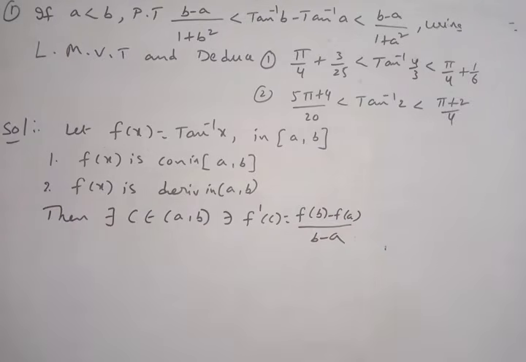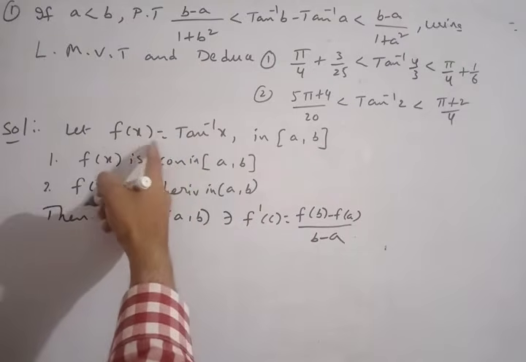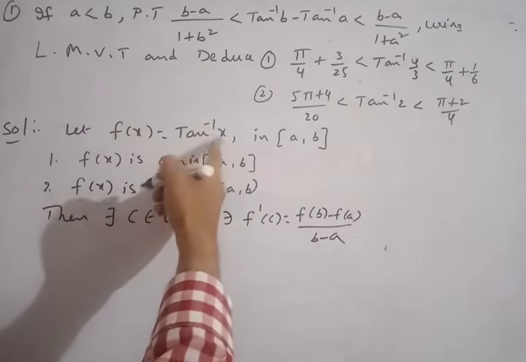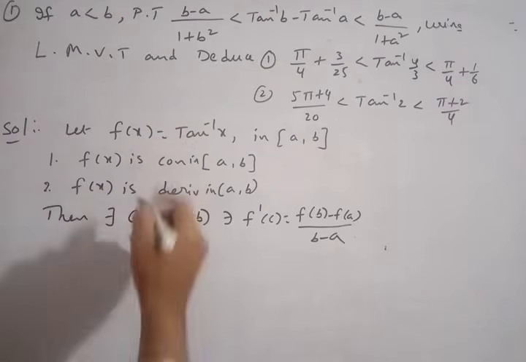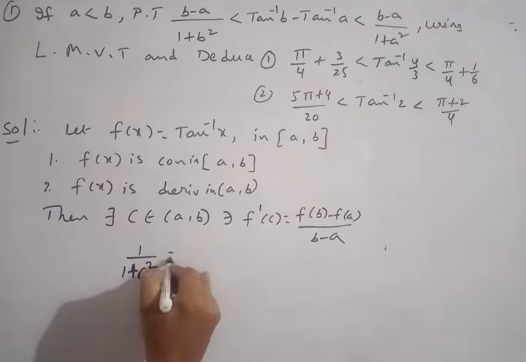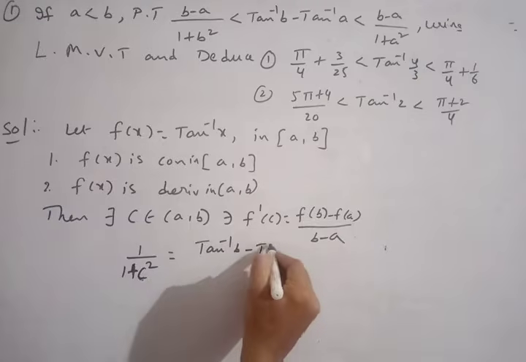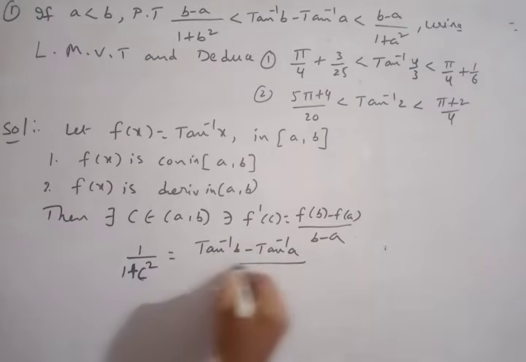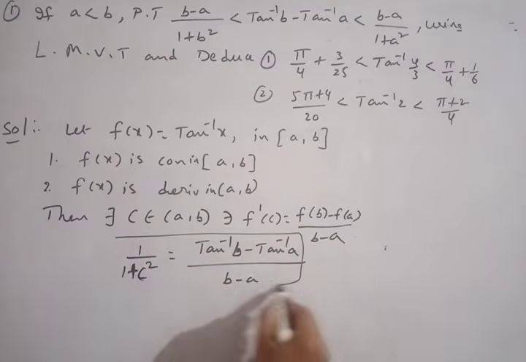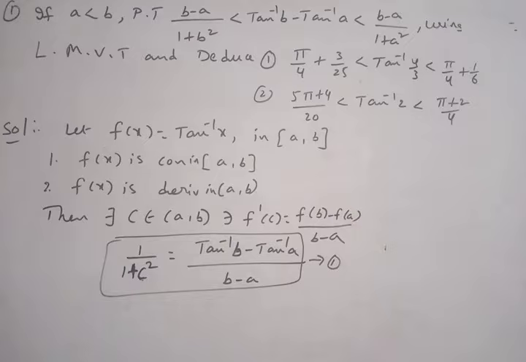Now what is f dash of c? f of x is tan inverse x, and the differentiation of tan inverse x is 1 by 1 plus x square, so in place of x you write c. So 1 by 1 plus c square is equal to (tan inverse b minus tan inverse a) by (b minus a). This is marked as question number 1.